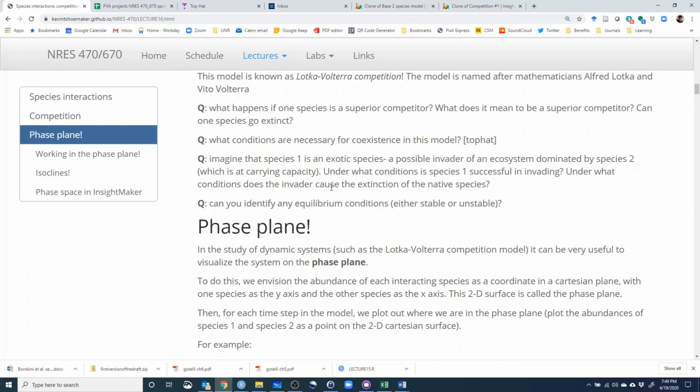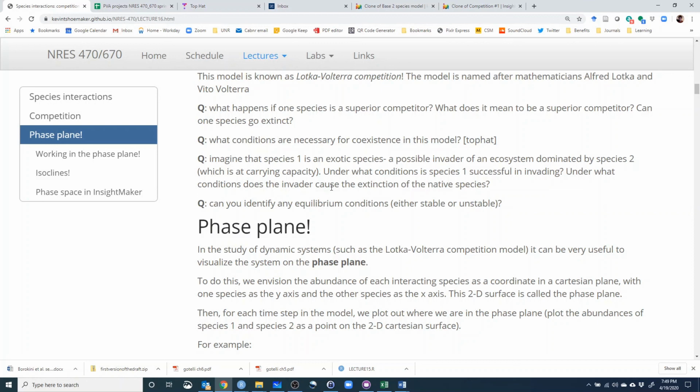All right. And finally, think about stability and instability of equilibria that you might find. There are several equilibria that you probably identify relatively quickly. Are these equilibria stable or unstable? Remember, the way to look at stability or instability is to modify the initial abundances of species 1 or species 2 and see if it goes back to that equilibrium.